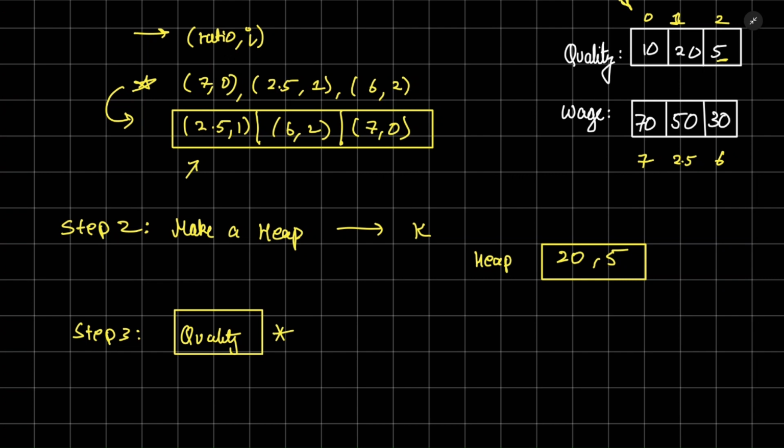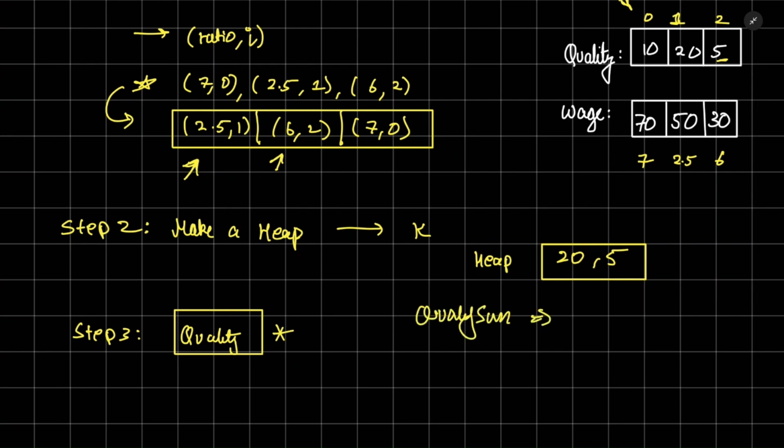Maximum ratio means, for all the workers that are present in the heap, the maximum ratio of those workers. If we look at the heap, we are just pushing the quality, but while pushing the elements, we have this vector which can give us all the quality and the ratio that we want. So while pushing, we will maintain a variable to calculate the total quality that we have pushed in. So while pushing in, we will have, let's say, quality sum.